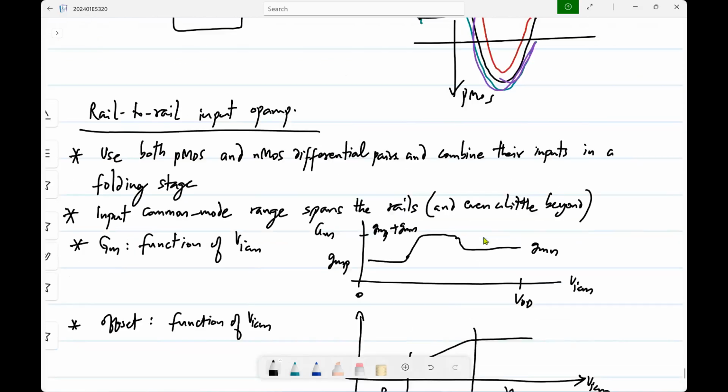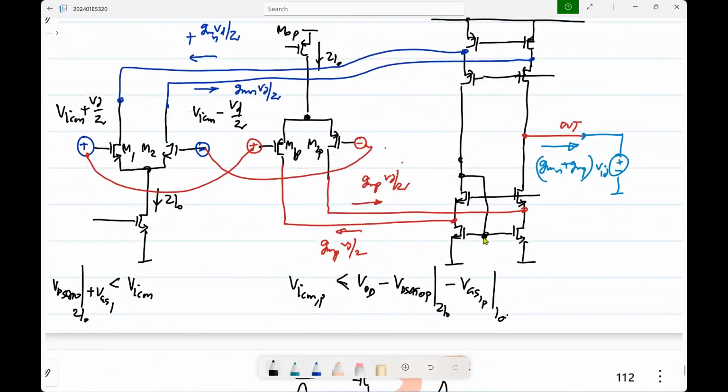So one way to think about it also is that, let's say you tie the input to 0, okay, and then you look at the output current that is there. That is the offset, right? And that divided by GM will be the input referred offset. So now as you change the input common mode voltage, at very low input common mode voltages, there will be no contribution from this, only from that.